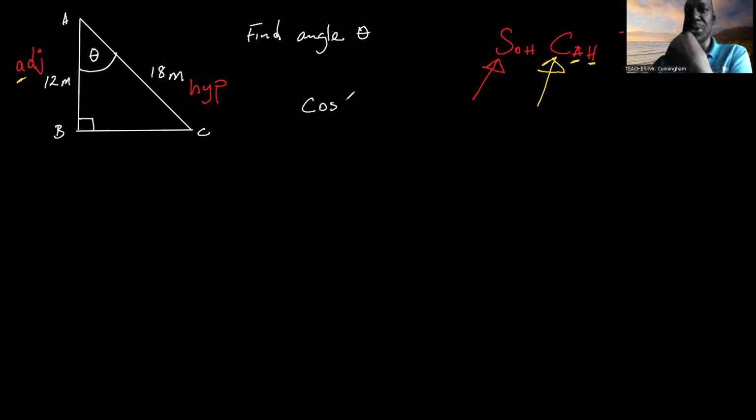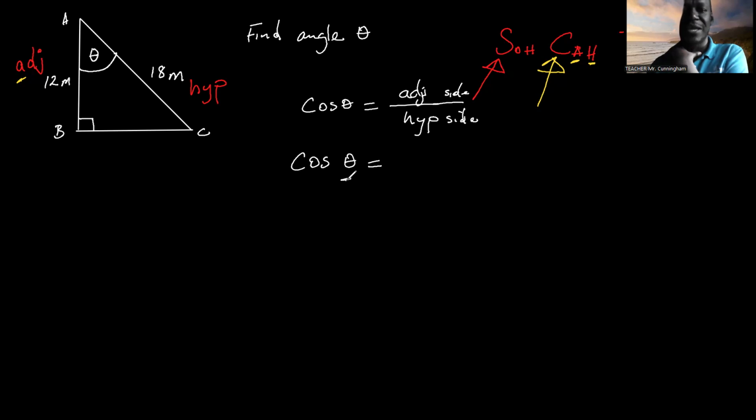So let's write. Cos theta is equal to the adjacent side over the hypotenuse side. Now, we don't have the angle. We want to find the angle. But they gave us the adjacent side, which is 12, and the hypotenuse side, which is 18.